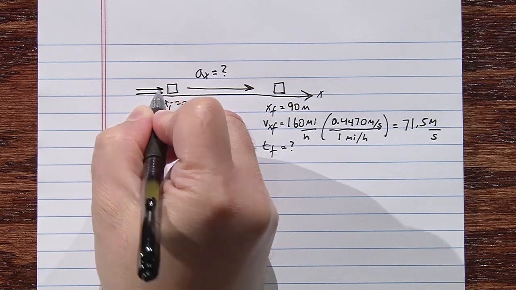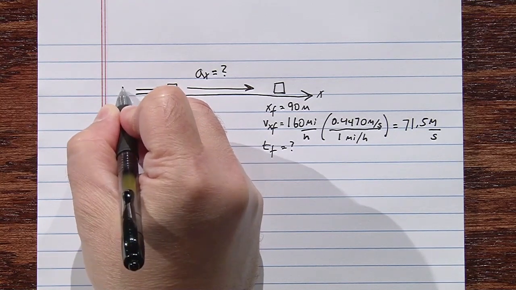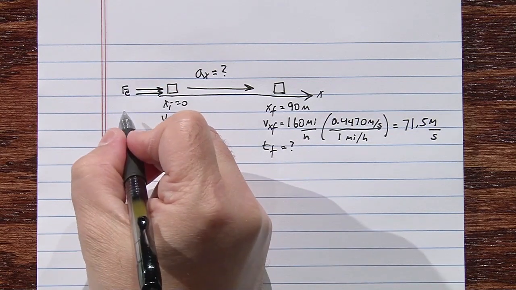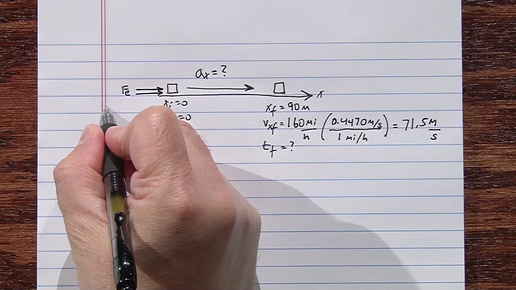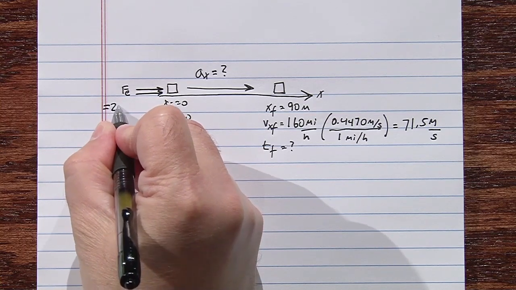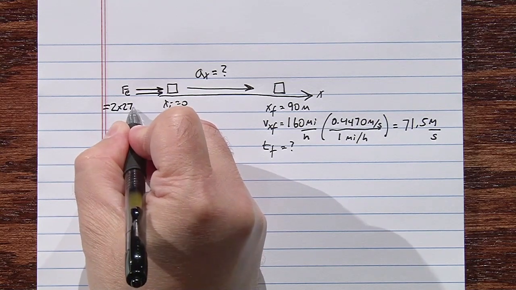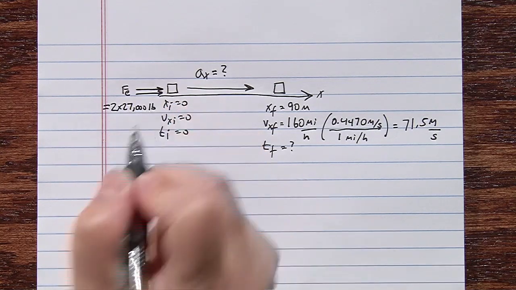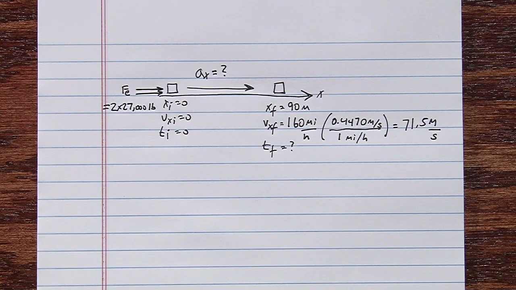There's the force from each of the engines. So each of those is 27,000 pounds, so that would be 2 times 27,000 pounds. And I'll have to convert my pounds to newtons.